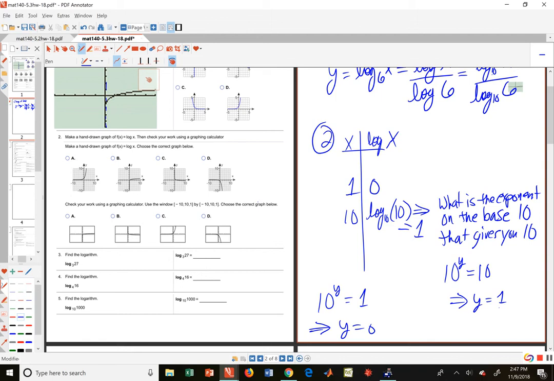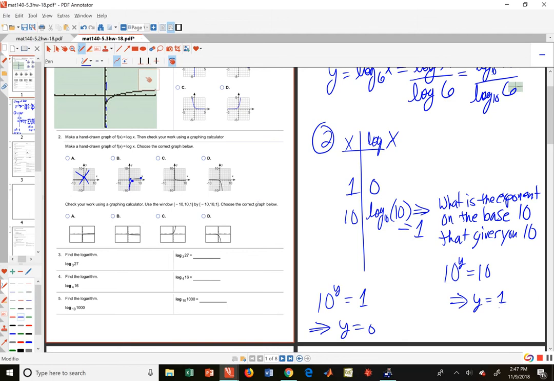And so you can see which graphs we're talking about here. At 1, we're supposed to be at 0, which is that one. And at 10, we're supposed to be at 1.